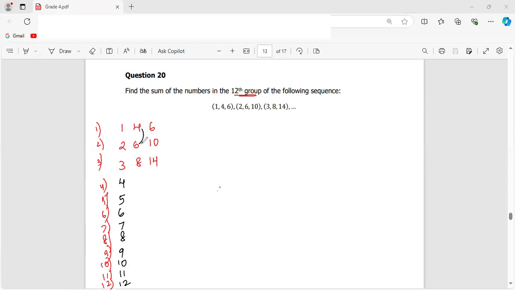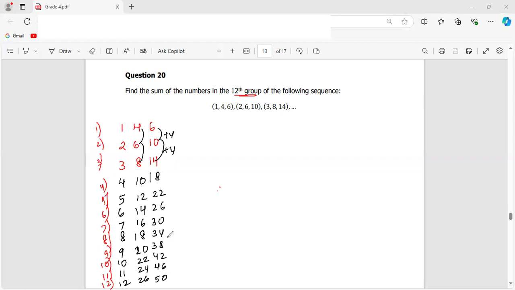Here, you see the differences are by 2. So this will be 10, 12, 14, 16, 18, 20, 22, 24, 26. Here the difference is by 4. So this will be 18, 22, 26, 30, 34, 38, 42, 46, and 50.